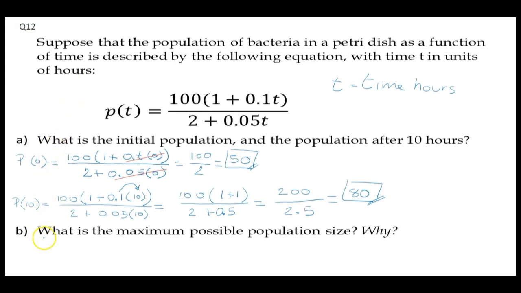So here we have P of t equals 100 plus 10t over 2 plus 0.05t.